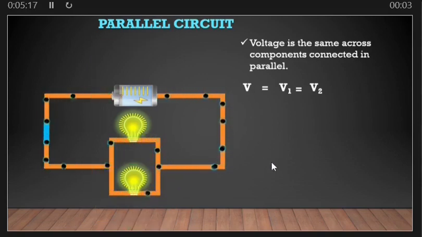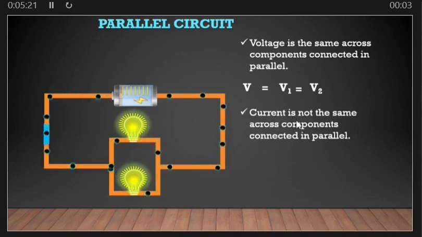The other concept is that current is not the same across the components connected in parallel. The reason is that as electric charges come from this side, when they reach the junction here, they divide.